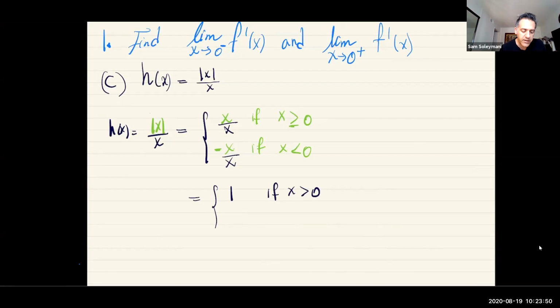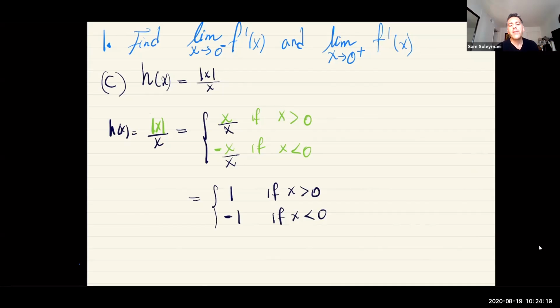If you pay attention here, I included a 0, but I no longer need to do that because I'm dividing by x. So x is not in the domain, and I will gladly erase that. The second piece is negative x over x, which is -1. That's true if x is less than 0. So that's your function.